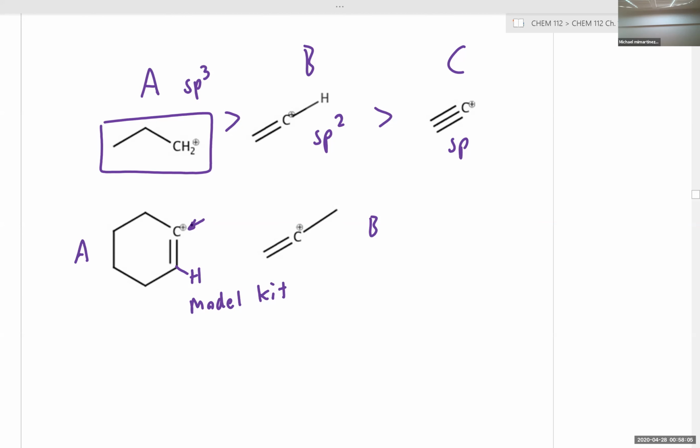I'd like you to take about 1 to 2 minutes to work on this one, and really consider what's going on here. Try to tell me what the lowest energy species is and explain why it's lower in energy. I encourage you to build a model of this system.